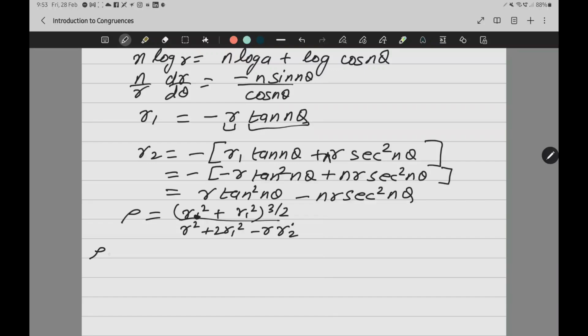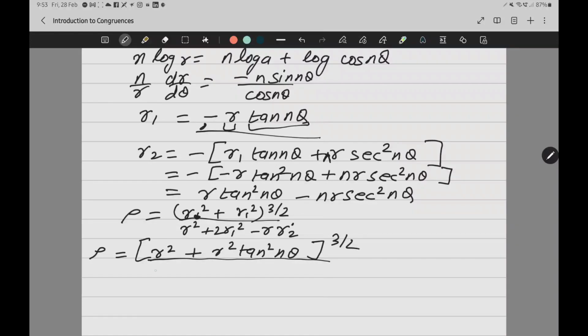It will look lengthy, but it is not. See, now again R, I am not putting the value because I know these R will get cancelled after taking common. Now plus R1 square. What is my R1? R tan n theta. Since I am squaring, minus will become plus. So R square tan square n theta. Don't make the mistake of putting minus here because of this minus. We are squaring this whole value, so minus will become plus, power 3 by 2, upon R square plus 2R square tan square n theta.